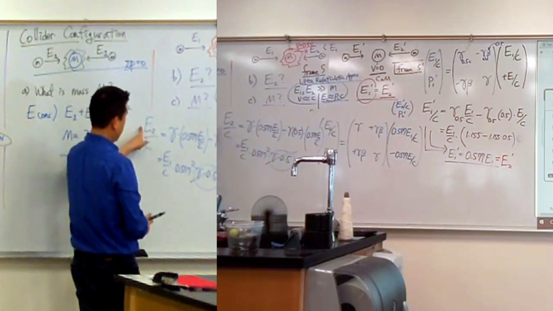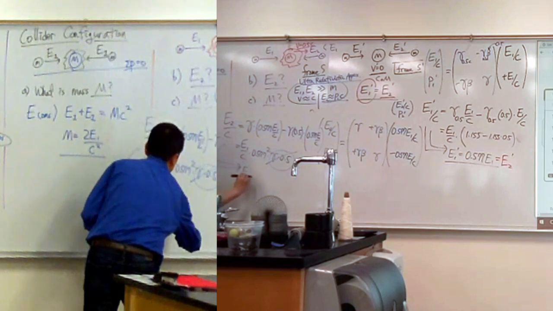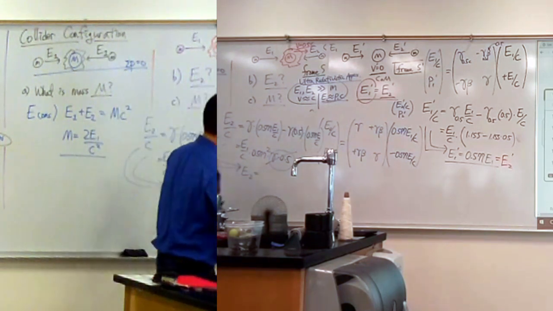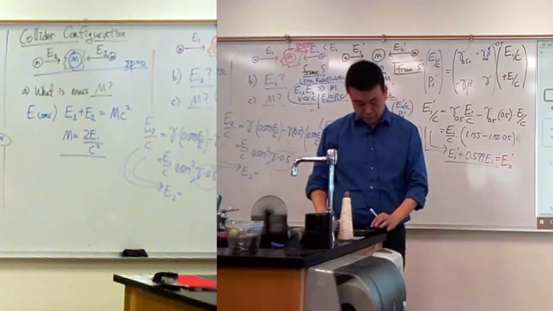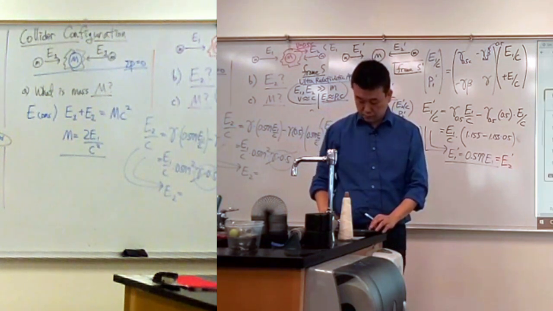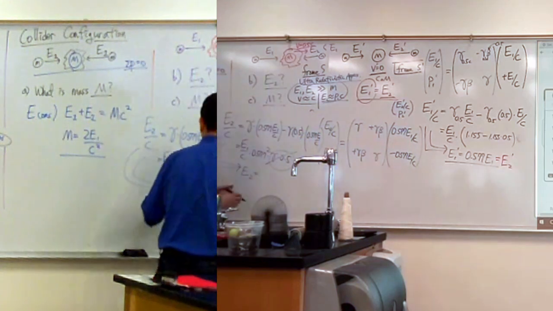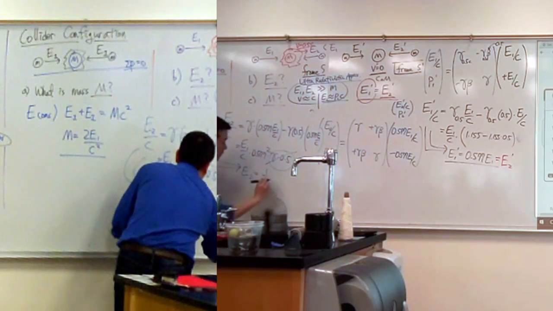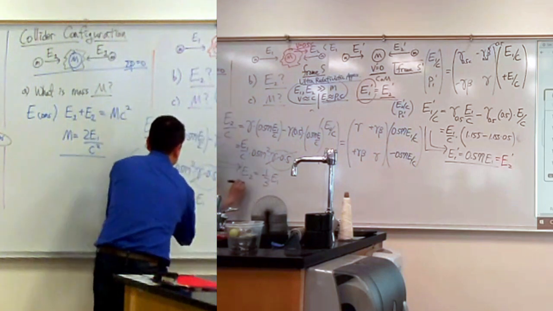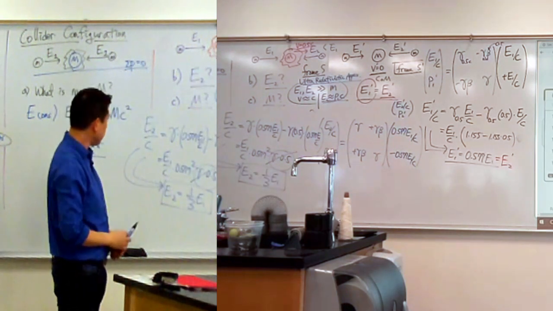So the value of E2 from all of this, E2 is 0.577 squared. So E2 is equal to 1/3 E1.